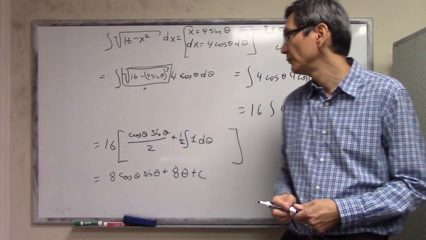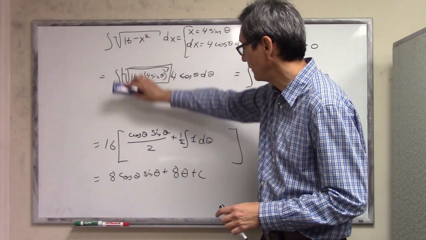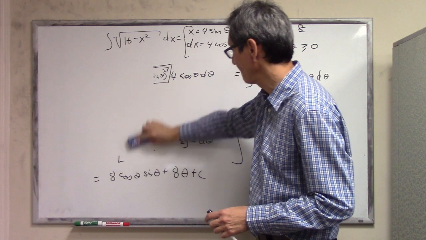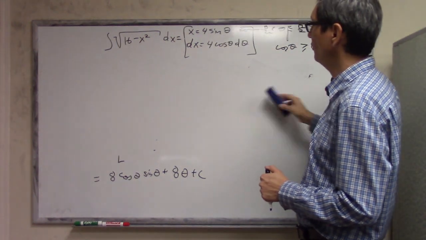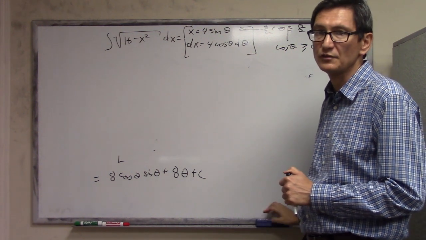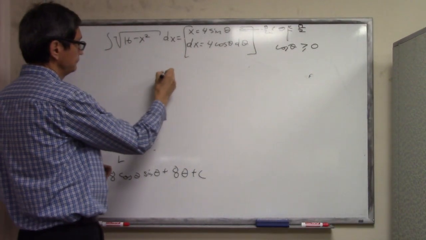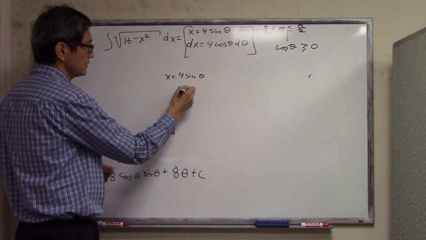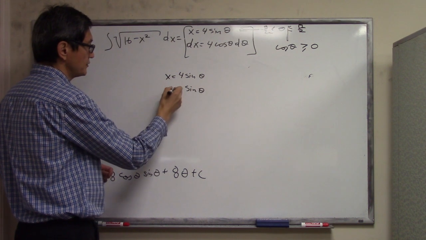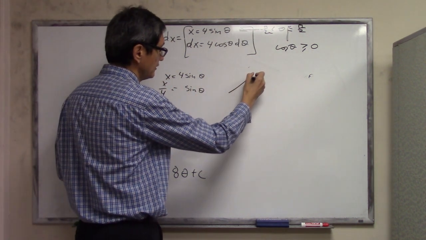Now we want to do back substitution. I'll erase the intermediate steps and look back at our substitution: x equals 4 sine theta. So sine theta equals x over 4, and we can draw a triangle here.